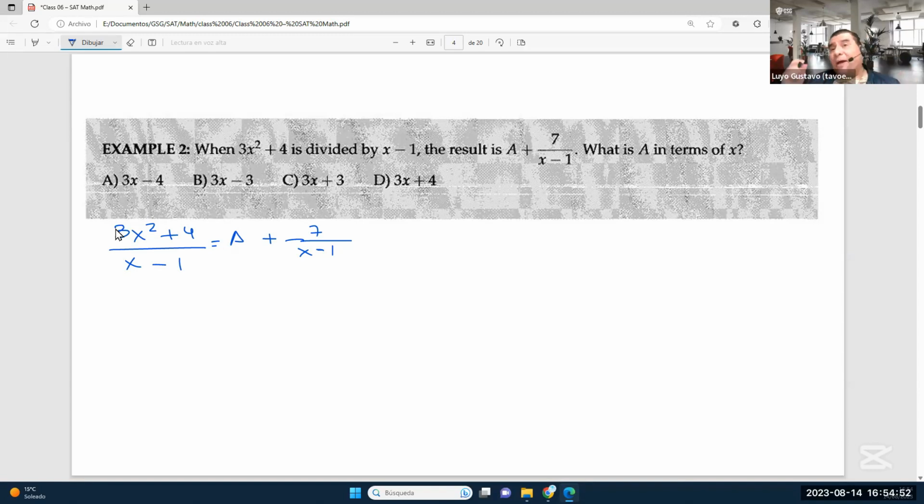First step, if I want to create a match of both expressions, why don't I try to put everything on the right side of the equality as a fraction? Because in the end, what is on the left side, the original expression, is a division, is a fraction. So let's give common denominator.